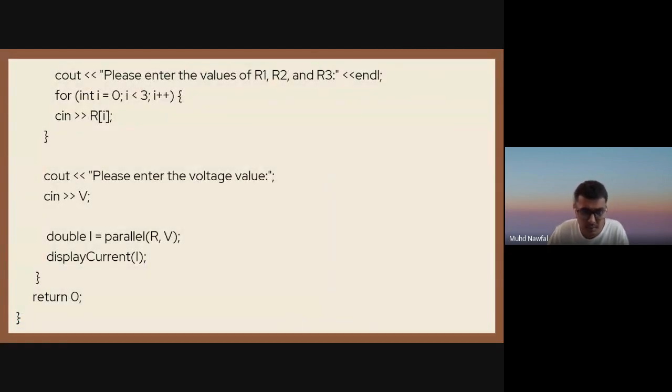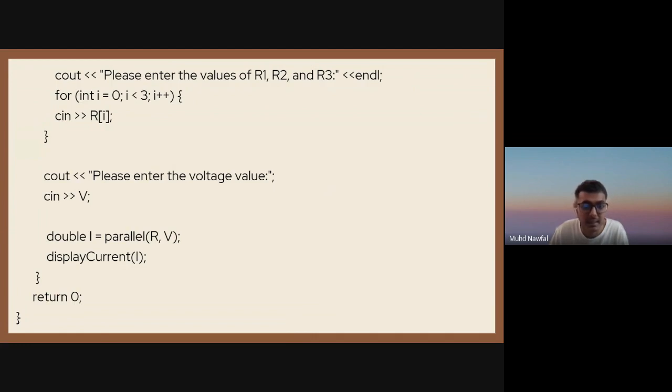If the user keys in choice 2, it will display please enter the values of R1, R2, and R3 for the cout. For int I equals 0, I less than 3, comma I plus plus.